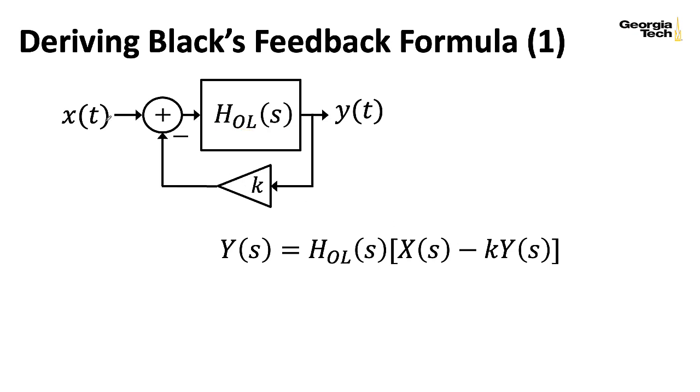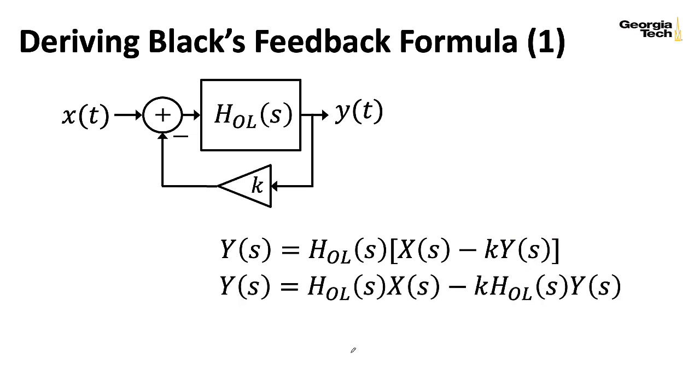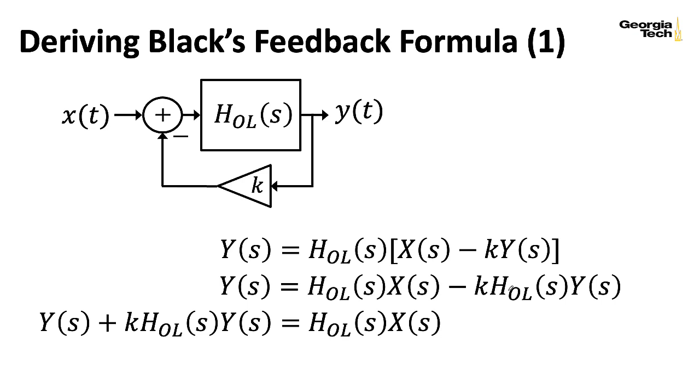Anyway, what's the input? Well, I have this big X of S, which is the Laplace transform of the input, minus k times the Laplace transform of the output that's being fed back. If I take this open loop transfer function and distribute it through the expression, I can then move all of the terms that have Y in them to the left-hand side.